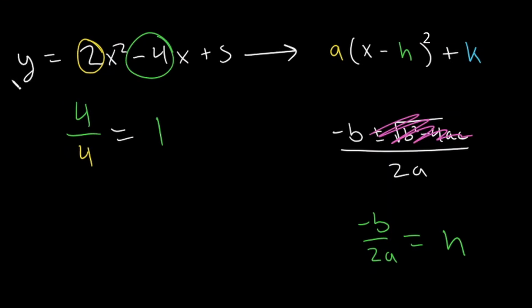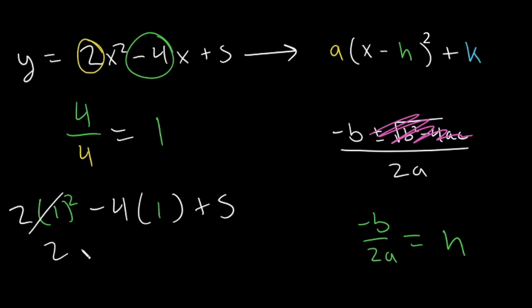But here we actually have an equation for y. So we can just plug in 1 to solve for that. We have 2 times 1 squared, and then subtract 4 times 1, and then add 5. So 2 times 1 squared is 2 times 1, that's going to be 2.